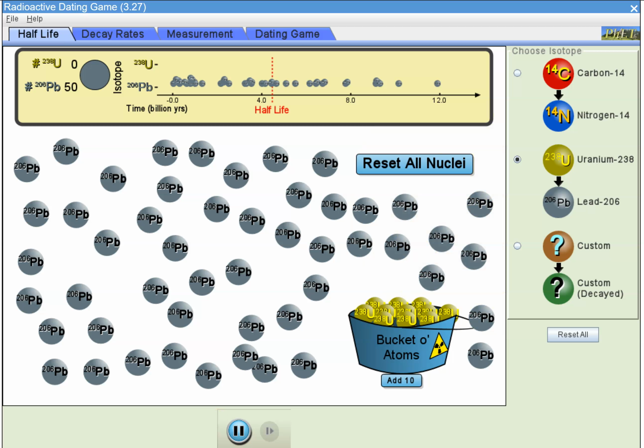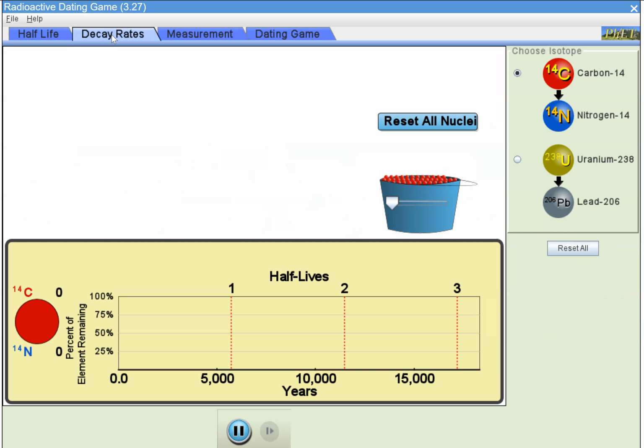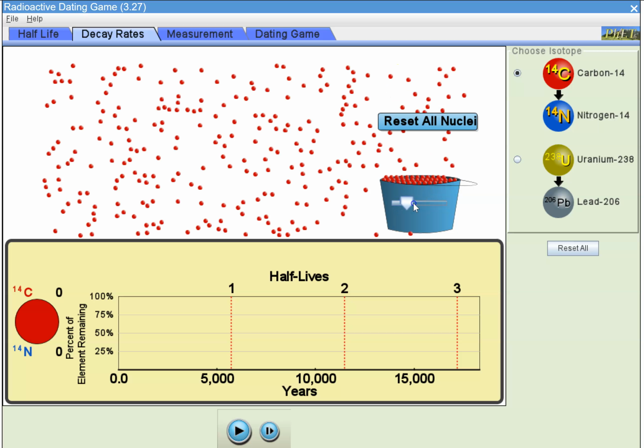In part 2, we are looking at this decay rates tab. And so we're going to make sure that carbon 14 is checked, and we're going to just add some nuclei over here, and then we're going to observe what happens.